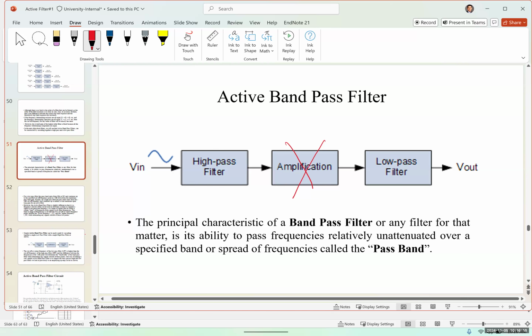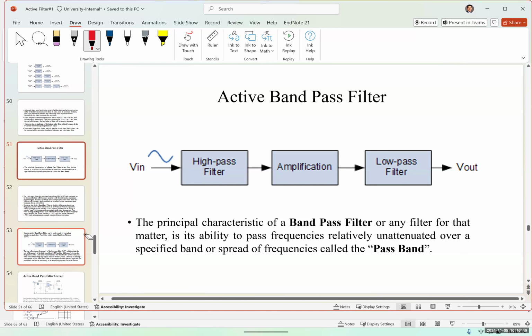We just connect a high pass filter with a low pass filter and we create a passive bandpass filter. If you put an amplification in the middle, that could be a transistor, it could be an op-amp, any type of amplification or active element, then we create an active bandpass filter. So an active bandpass filter is a combination of two filters, a high pass and a low pass filter, and an amplifier in the middle.